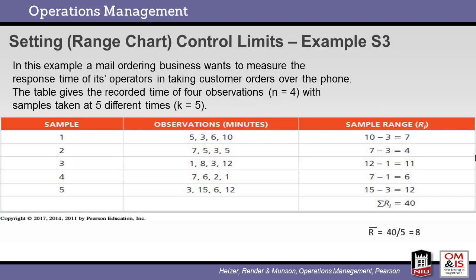This example measures response time with 4 observations with each sample, n equals 4. Samples are taken on 5 different occasions, k equals 5. We see the 4 observation values for each sample. We identify the lowest and highest values, and the difference is the range. Taking the average of the range values, we get an R bar value of 8 minutes.